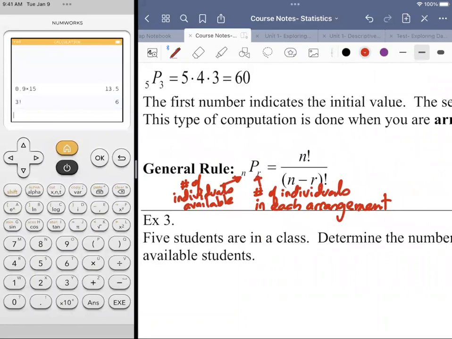All right, so the typical way of explaining it, historically, has been if the order matters, then you're dealing with a permutation. But I found that people really don't know what the heck I'm talking about when I say that.